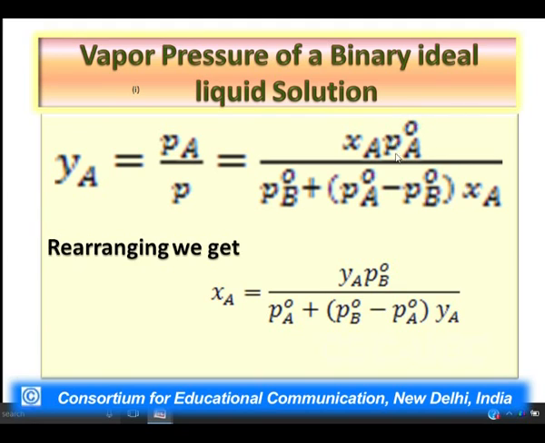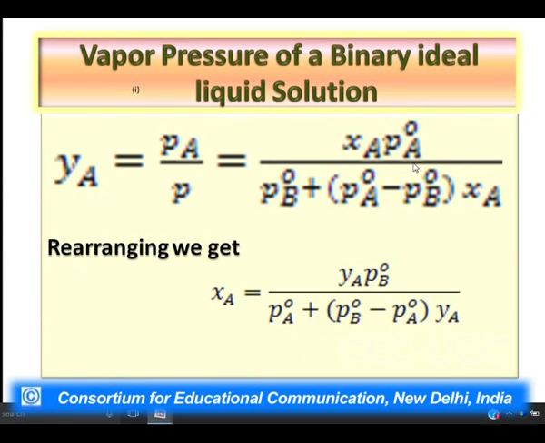PA naught is vapor pressure of pure component A. So XA PA naught we can write in the numerator. Since the total vapor pressure of a solution is equal to PB naught plus PA naught minus PB naught times XA, we can substitute this expression in the denominator for P, and what we get is YA in terms of XA and PA naught. These are very important relationships one must understand.